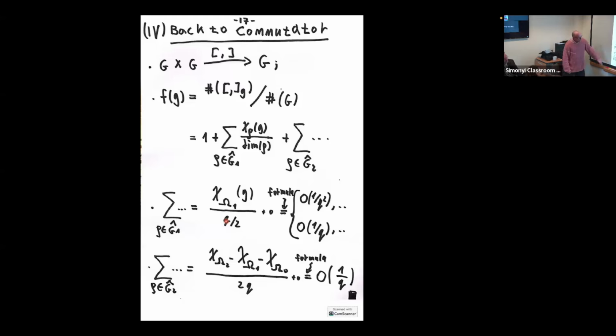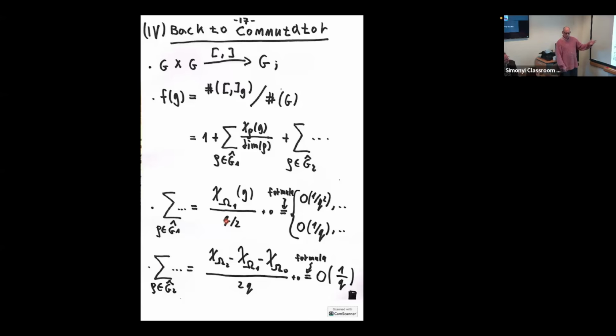And the same you can do for guys of rank 2. You know that they all appear in this oscillator representation of SP4, and we know the restriction, we know how they appear, what are the multiplicities. So if you just read the decomposition that I gave in this table, this sum is equal to the character of the oscillator representation of SP4 minus those guys for SL2 minus the trivial representation.